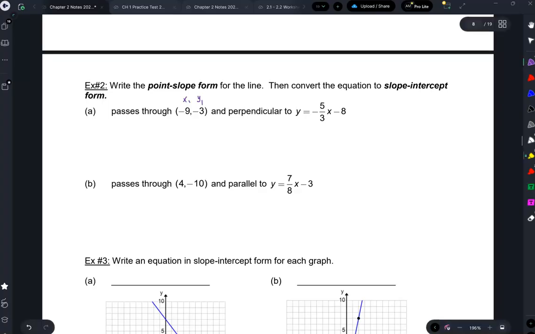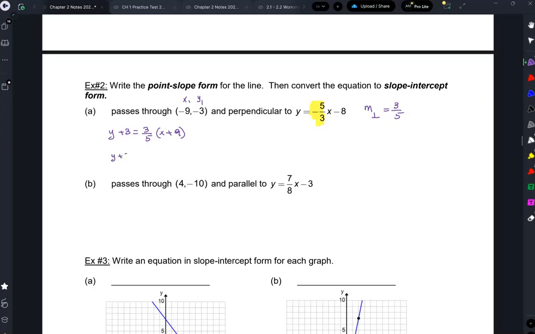The slope of this line is -5/3, so the slope of the perpendicular line is 3/5. So my line is going to be y plus 3 is 3/5 x plus 9. That's the point slope form.